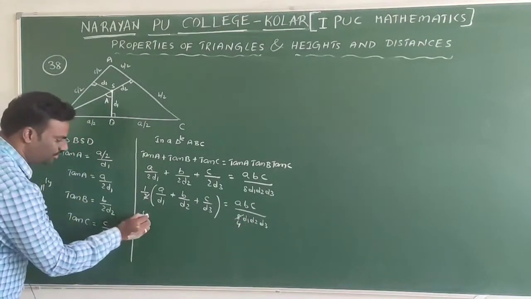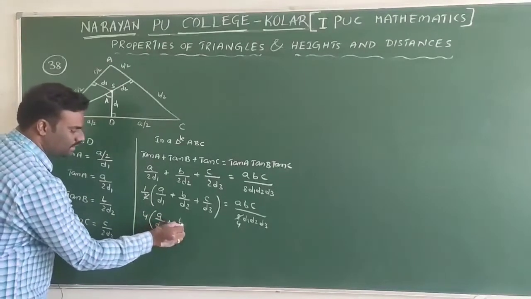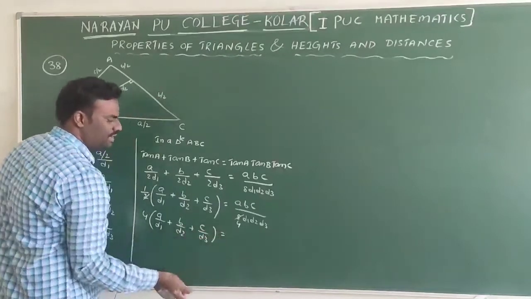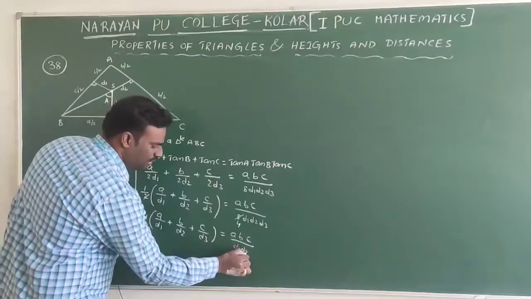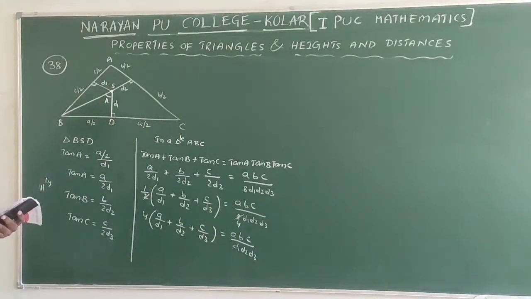Now what will you get? 4 into A by D1 plus B by D2 plus C by D3 equals ABC by D1 D2 D3. You compare this expression with the given condition. What is the given condition?